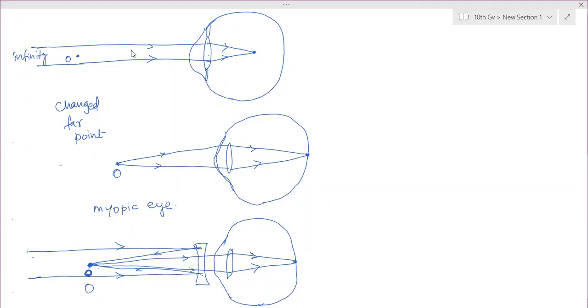But the diagram is there. If myopia or hypermetropia, any one of them is asked, you have to draw the diagram. How frequently are they asked? Every exam; any one of them will be there.